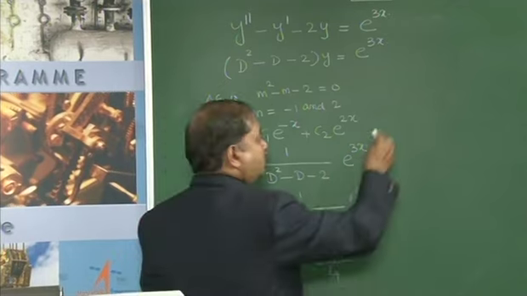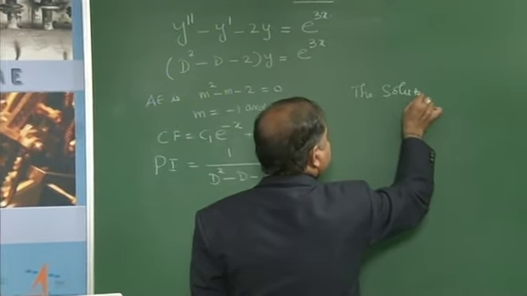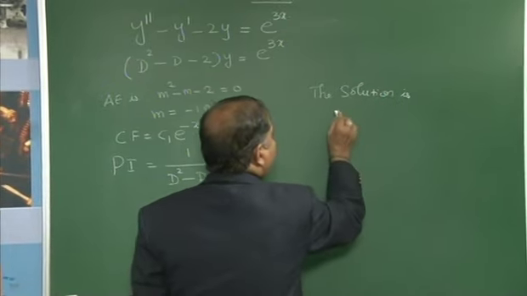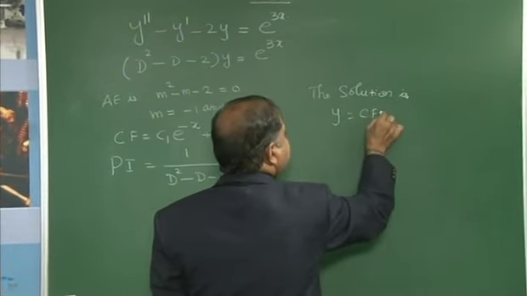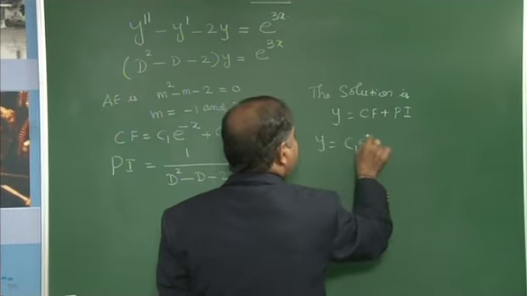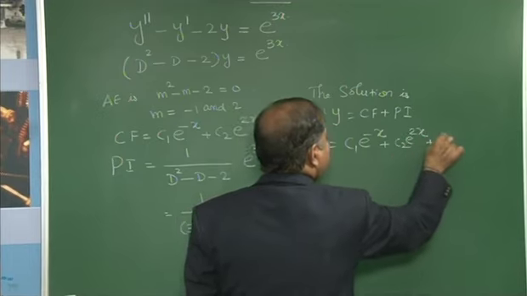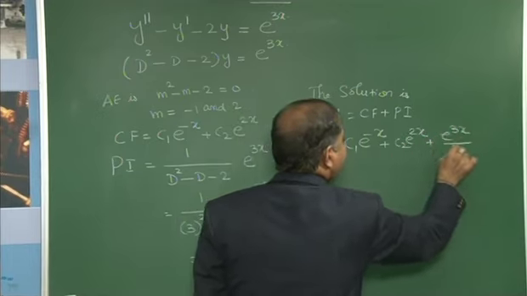We already know what the solution is: y = CF + PI. So, CF is C1 e^(−x) + C2 e^(2x), and the particular integral is e^(3x)/4.